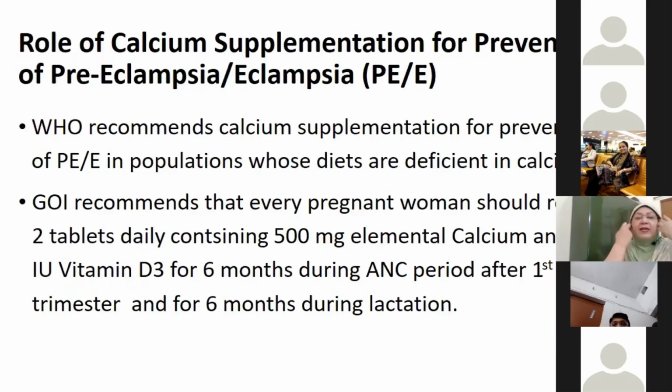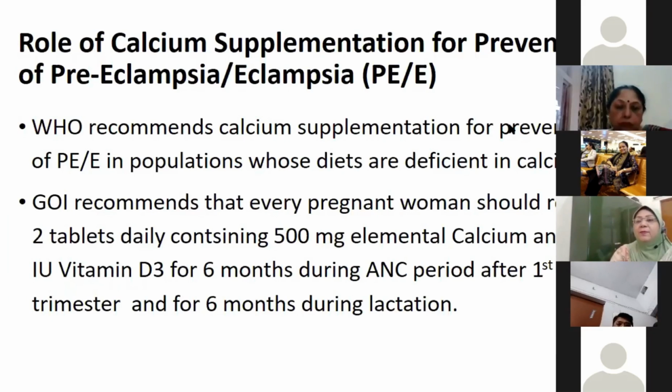WHO recommends that you can use calcium supplementation. And therefore, Government of India also recommends that for every pregnant woman, she should receive 2 tablets of elemental calcium and vitamin D for 6 months during antenatal period after first trimester, and for at least 6 months during lactation.